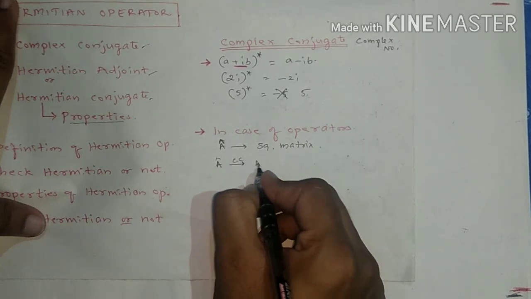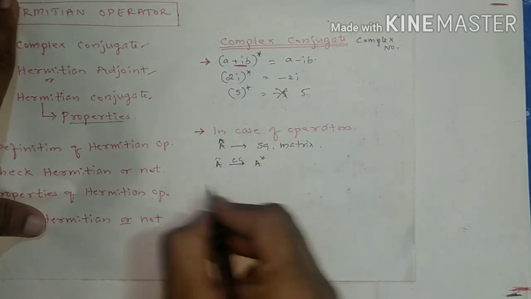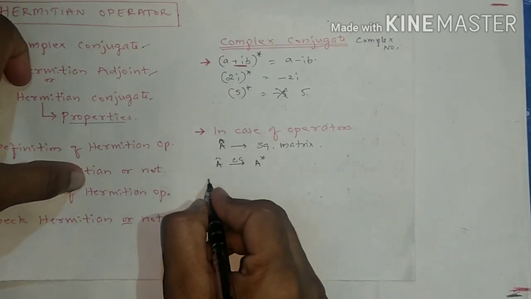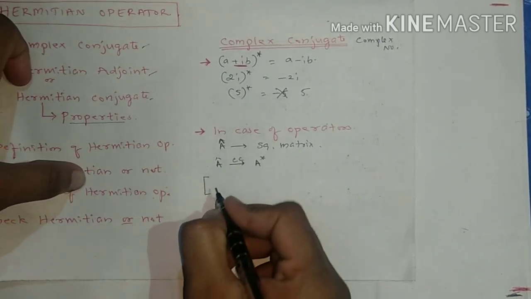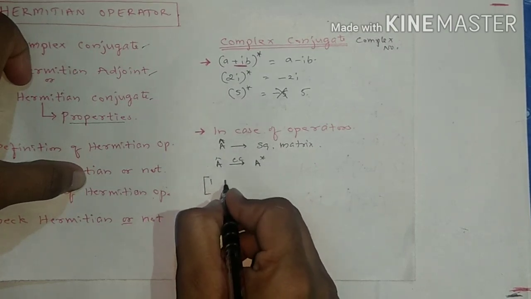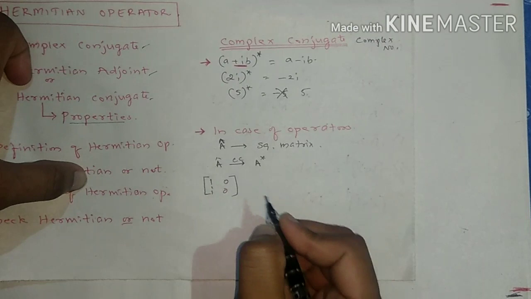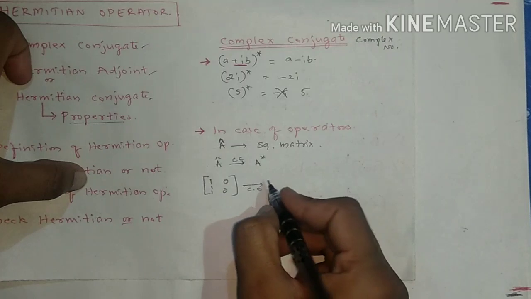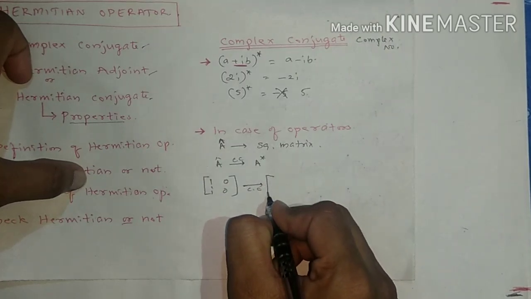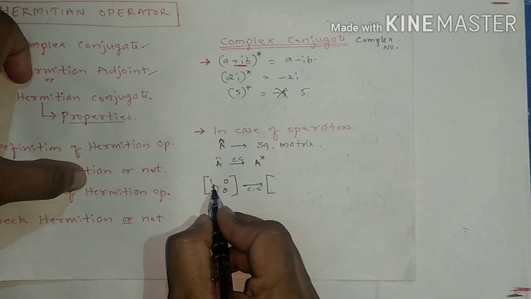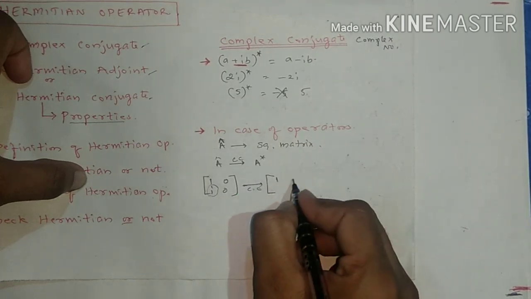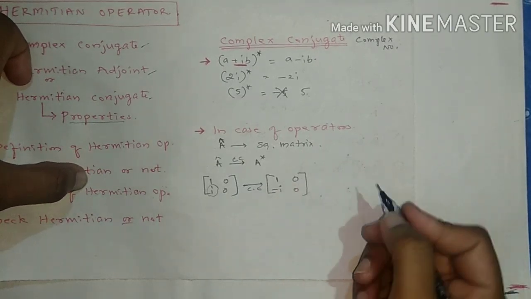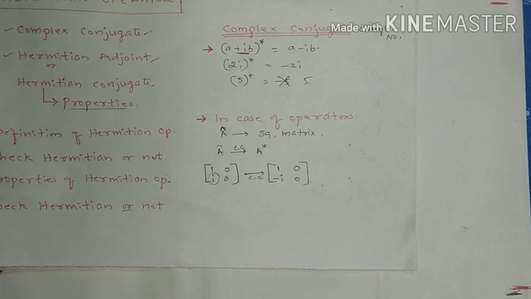Then we write it A star. In parallel with these notations, let me give an example. Suppose we have an operator which is given by 1 0 i 0. Let me write the complex conjugate of this. Complex conjugate means changing the sign of the imaginary part. So here I have an imaginary part. I will keep all other things as they are and change the sign of the imaginary part. This is how we find the complex conjugate.